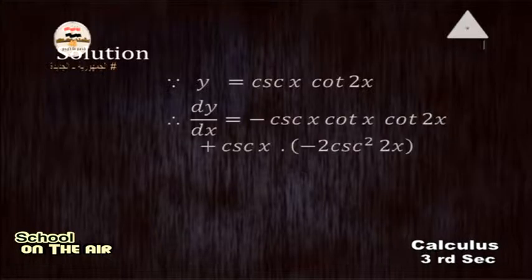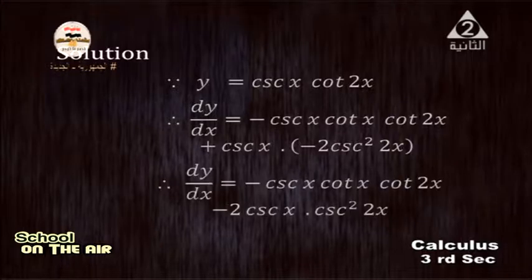Then the first derivative dy dx equals the derivative of the first, the derivative of cosec x, which equals negative cosec x cotan x, multiply the second function, which equals cotan 2x, plus the first, cosec x, multiply the derivative of the second function, the derivative of cotan 2x, which equals negative 2 cosec to the power 2 2x.